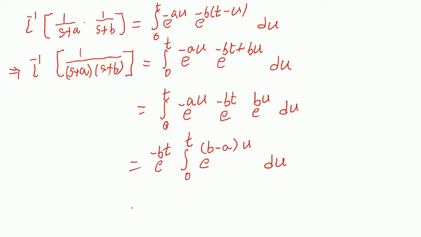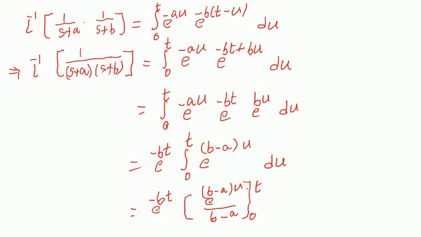So this is equal to e power minus bt into, this is in the form of e power ax. The integration of e power ax is e power ax by a. So e power b minus a into u by, what is the u coefficient here? B minus a. You can write that one, b minus a. The limits are 0 to t.